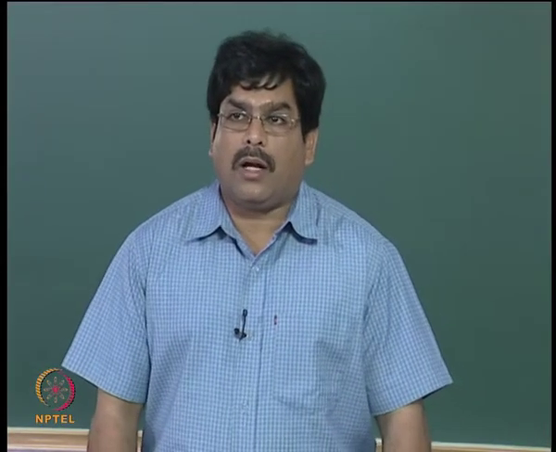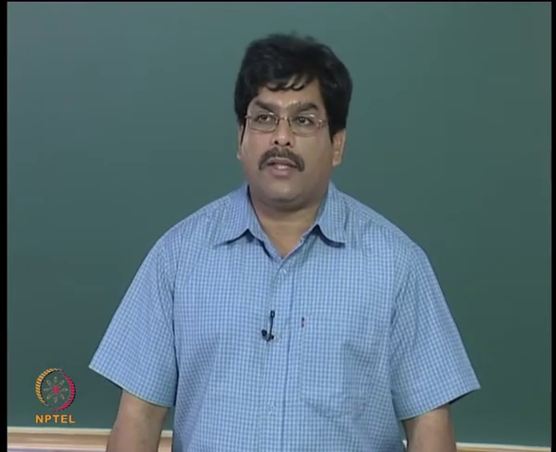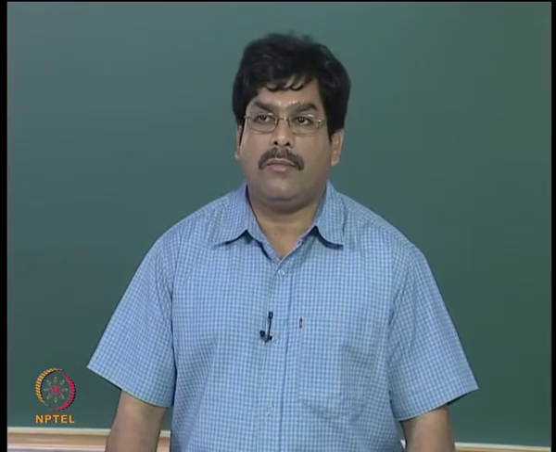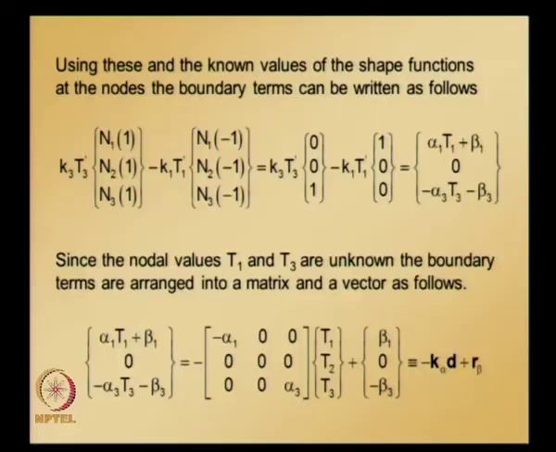So, this vector, alpha 1 times T1 minus beta 1, 0, alpha 3 times T3 minus beta 3, can be written as minus k alpha times d plus r beta.